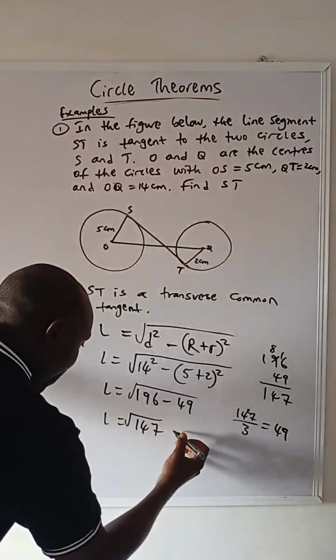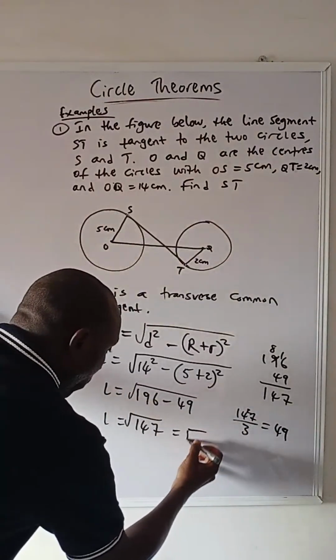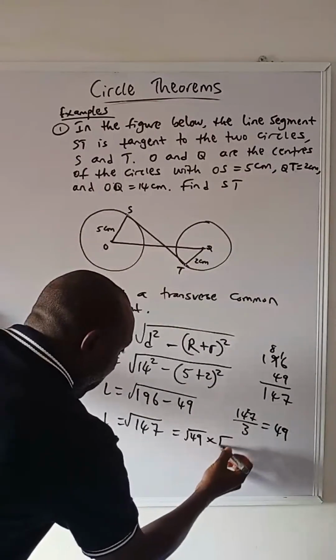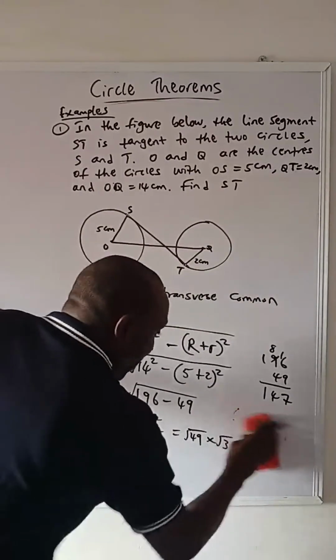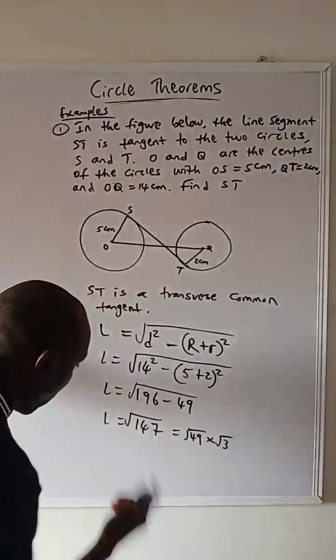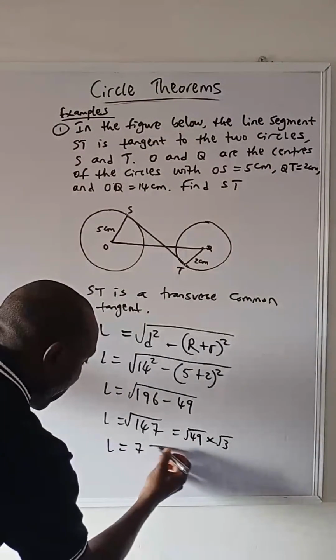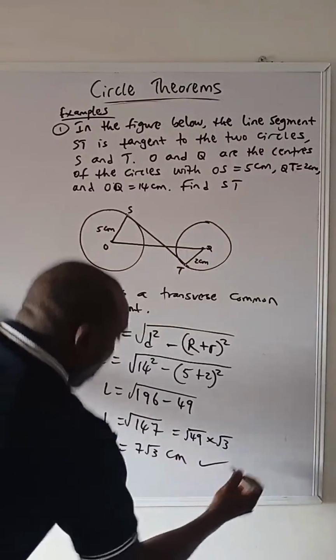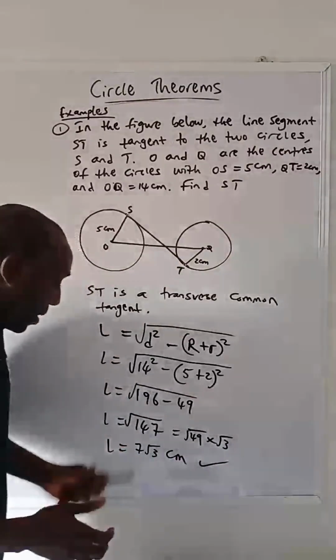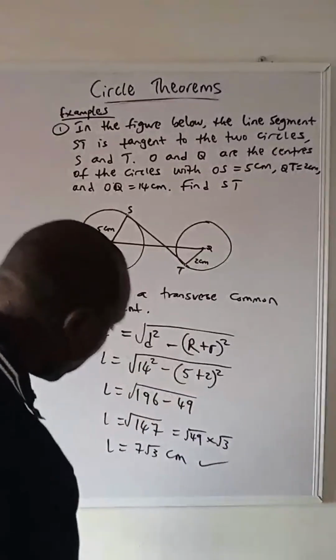So it means that this can be expressed as the square root of 49 times the square root of 3. I want to leave my answer in short form. So L here will be equal to, the square root of 49 is 7, so 7 root 3 centimeters. So the length of this tangent is 7 root 3 centimeters.